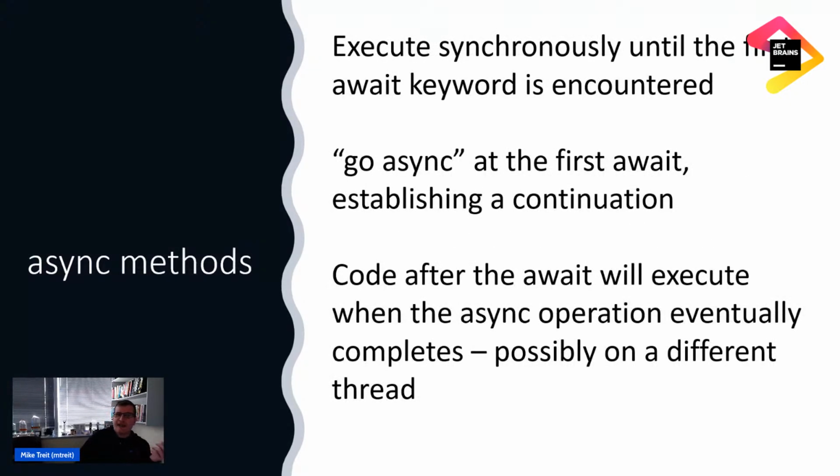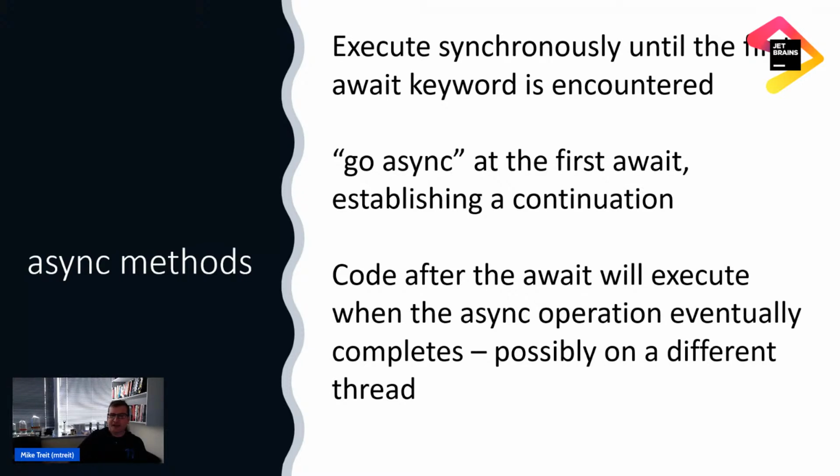What await does is essentially allow the method to go async, go do some expensive I/O operation that's down in that I/O section of those latency numbers we looked at, and then eventually continue potentially on a different thread. So one thing to note is that when you call an async method, it gives you back a task. All of the code inside that method until it encounters an await keyword is synchronous.